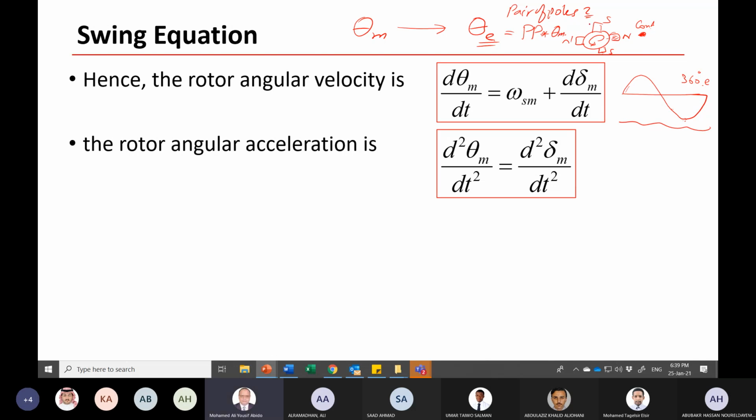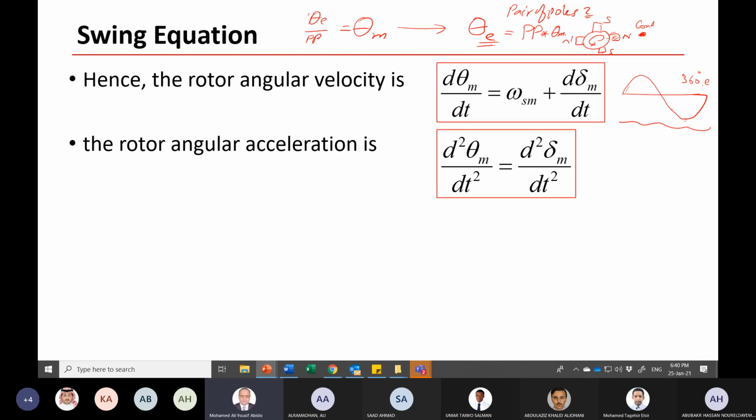For a complete cycle, which is 360 degrees mechanical, we will have 720 degrees electrical, two complete cycles of the sinusoidal waveform. So theta electrical equals theta mechanical multiplied by the number of pairs of poles, or theta mechanical equals theta electrical over the number of pairs of poles.